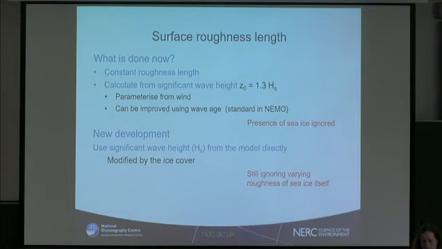Anyway, that brings us to significant wave height. Either you parameterize it from wind, which is actually what all models do, or you can improve parameterizations if you also account for wave age, rather than only the in situ wind speed. That is what is standard in NEMO at the moment if you use the GLS scheme.